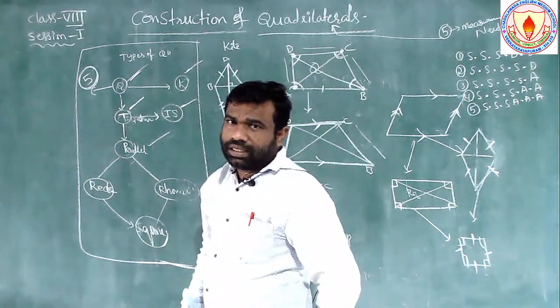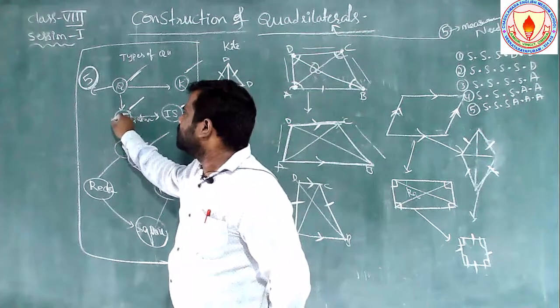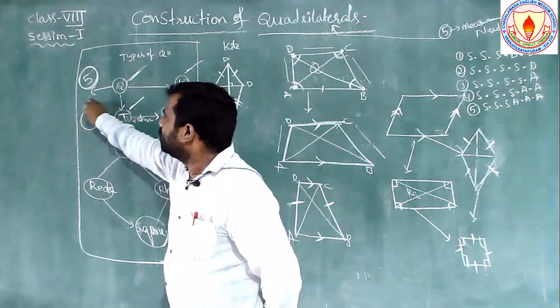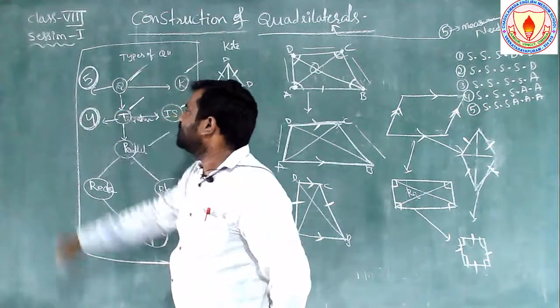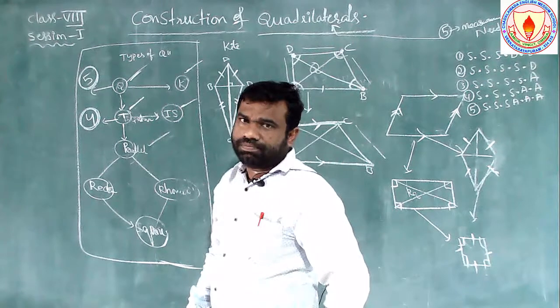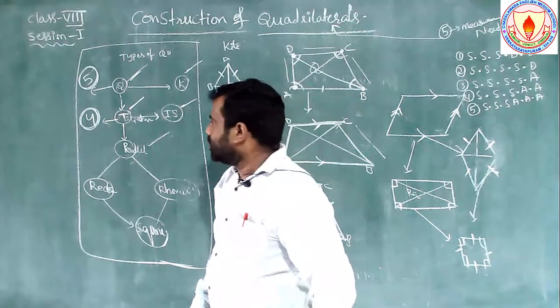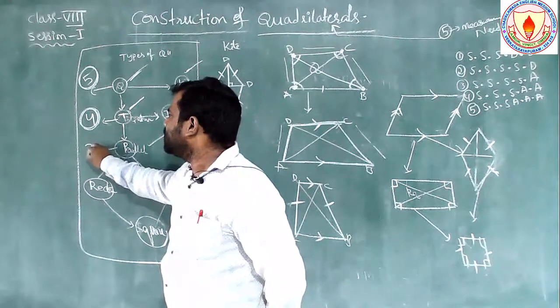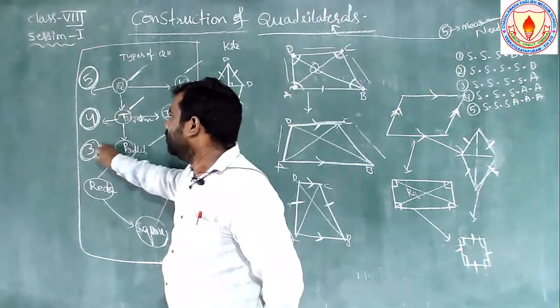Okay? Next, in a trapezium, minimum 4 measurements are needed. Next, in a parallelogram, minimum 3 measurements are needed.